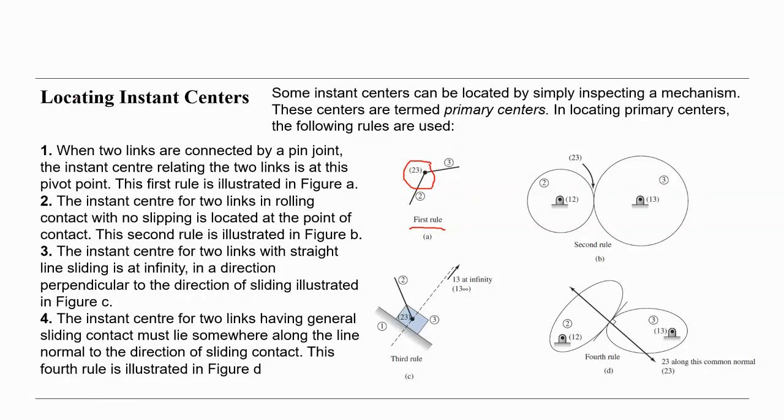Second rule, B. The instant center for two links in rolling contact, like this here.